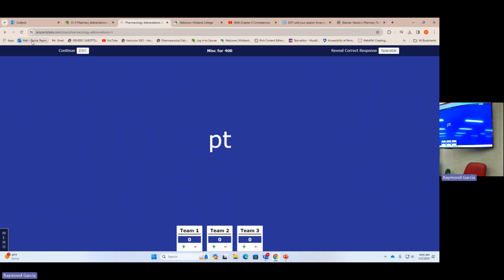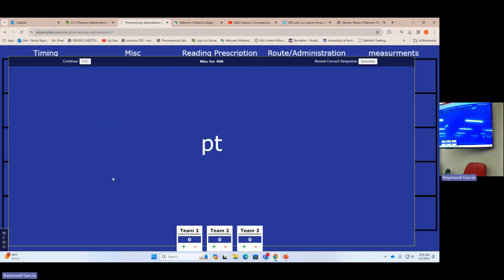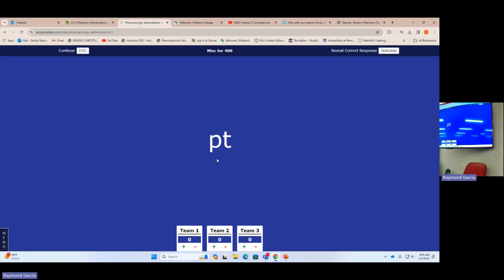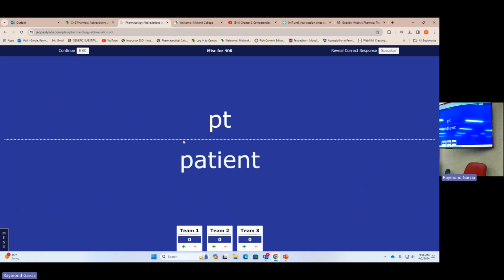So it's miscellaneous. I would say that's measurement. Liquid. Oh, that's patient. Sorry, I was thinking measurement more on that because it said miscellaneous. So patient for that one.